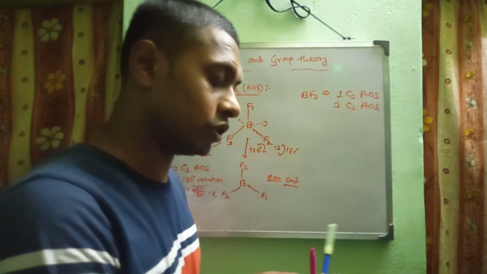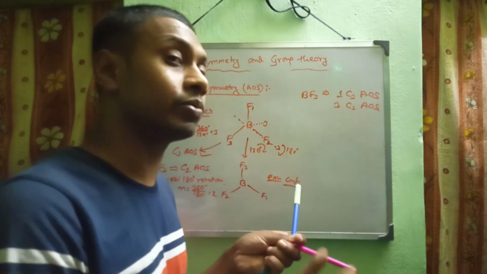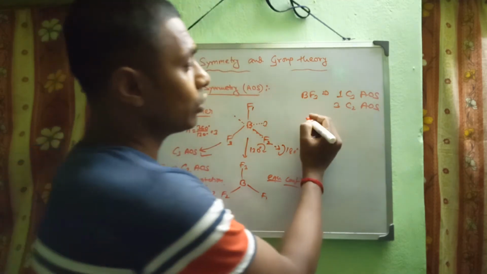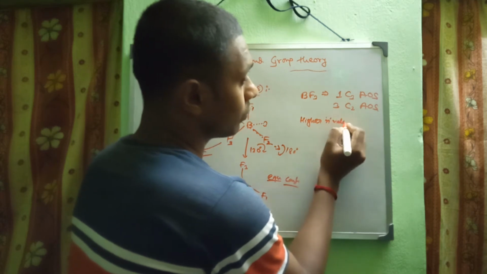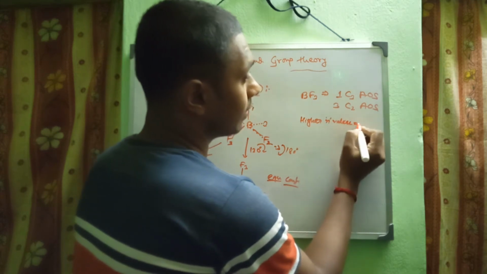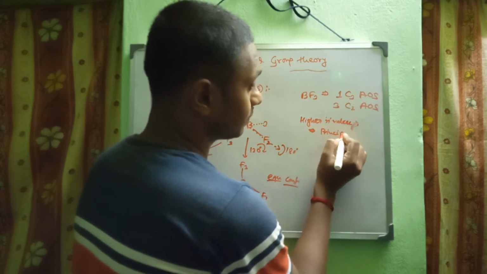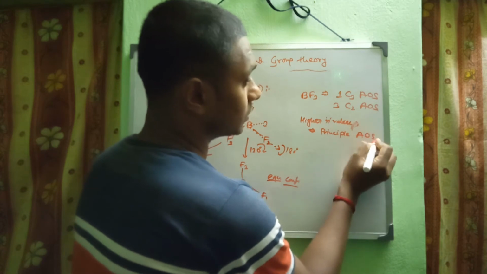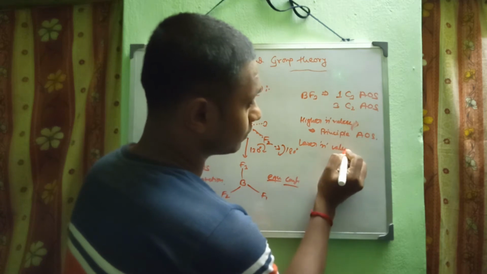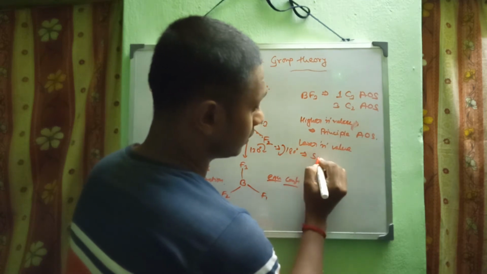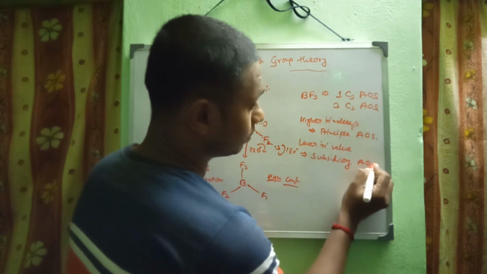Now if a molecule possesses more than one axis of symmetry, then the higher n value is the principal axis of symmetry, and the lower n value is called the subsidiary axis of symmetry.